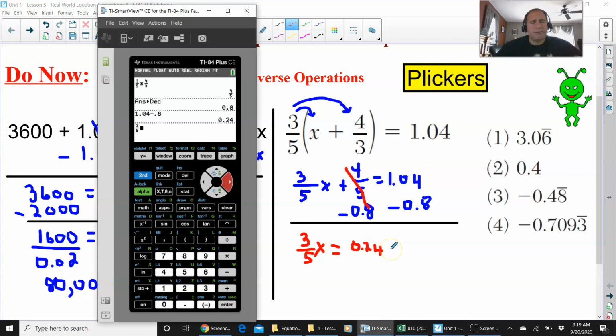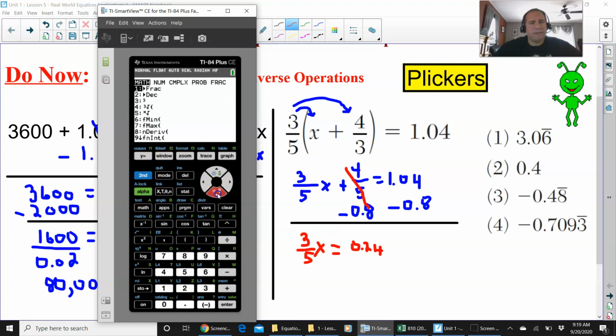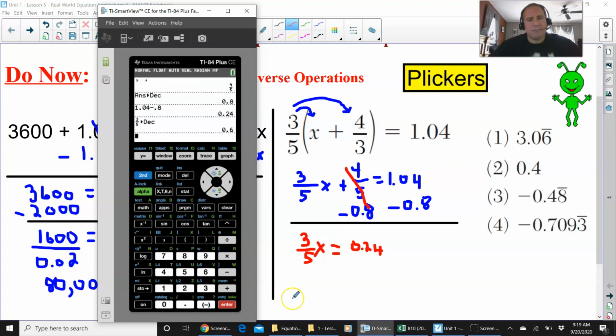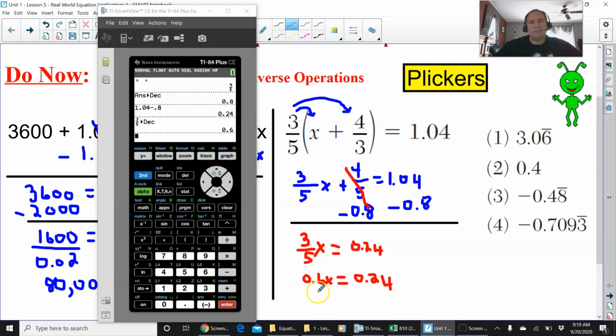But there's a lot of different ways you could do this. You could multiply by its reciprocal, which is fine, or you could just change that 3/5 into a decimal. I have 3/5 in my calculator. I'm going to press the math button, go down to decimal. If you don't know what that is as a decimal, the calculator will give it to you. So now 3/5 is 0.6. So it's 0.6x equals 0.24.